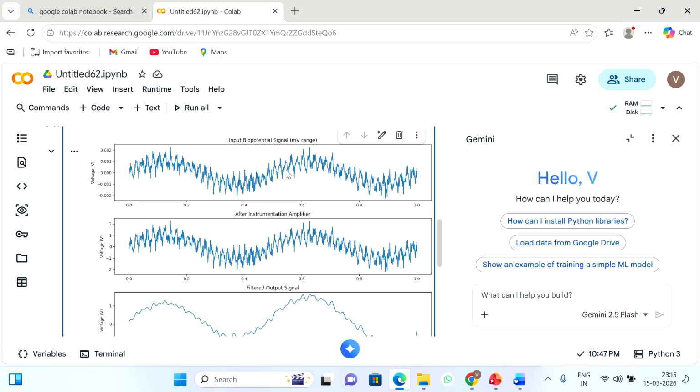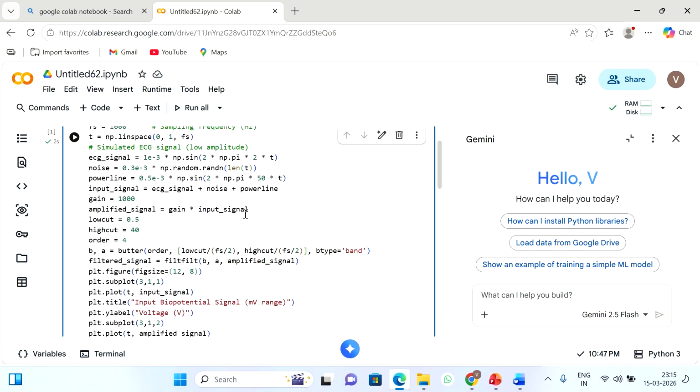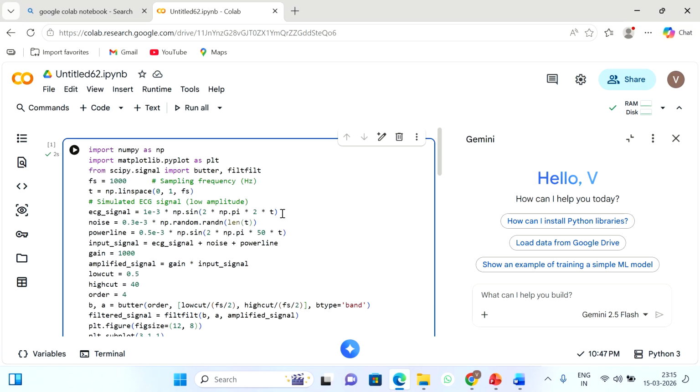So in this way, first we have to import NumPy, that is a Python module. Next we have to import matplotlib library functions. They are imported from the pyplot module. Then scipy.signal. What is the meaning? signal is the module and SciPy is the library.